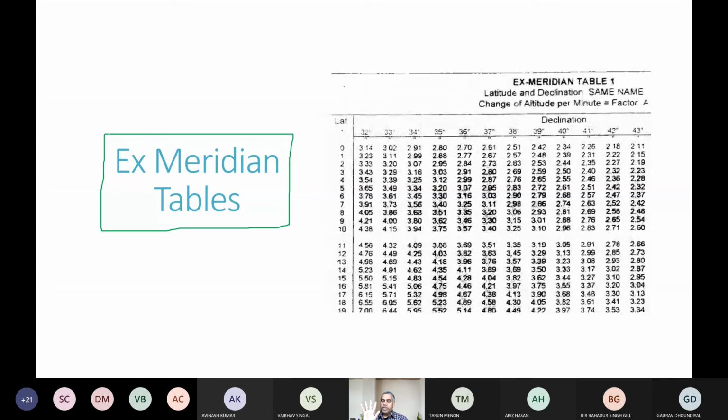So nowadays, we require only table number 1 and table number 4. The job of table 2 and table 3 can be done with a scientific calculator. So we do not refer to table 2 and table 3 anymore. We only require table 1 and table 4. These two tables give us the X meridian limit of a body. Now, how do we obtain the X meridian limit?